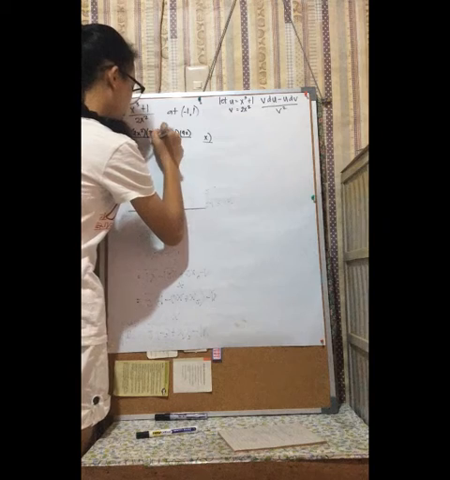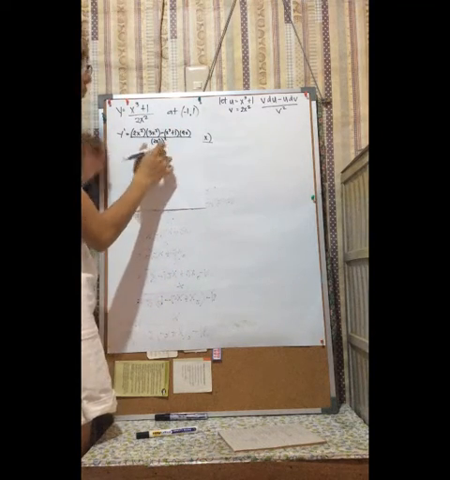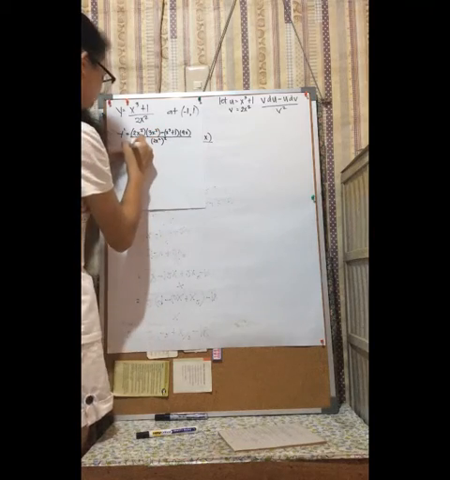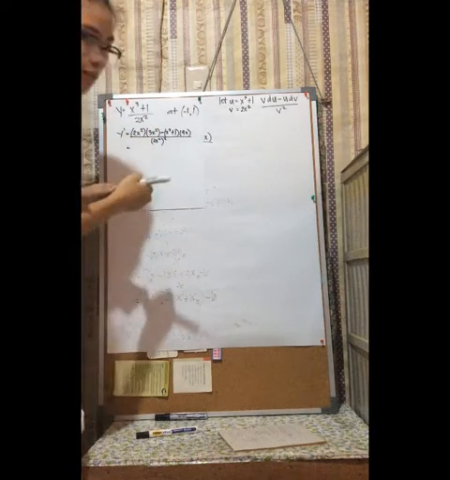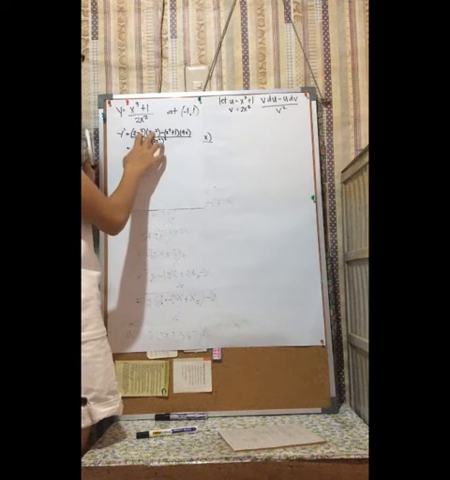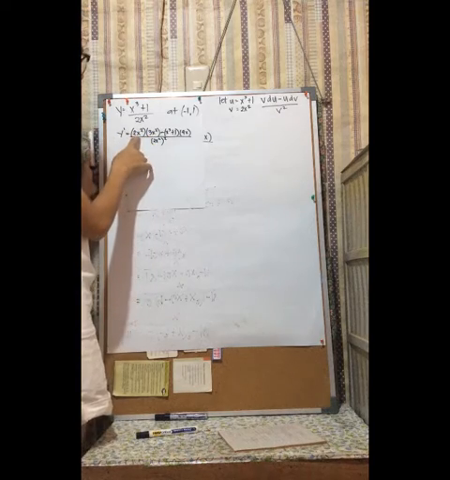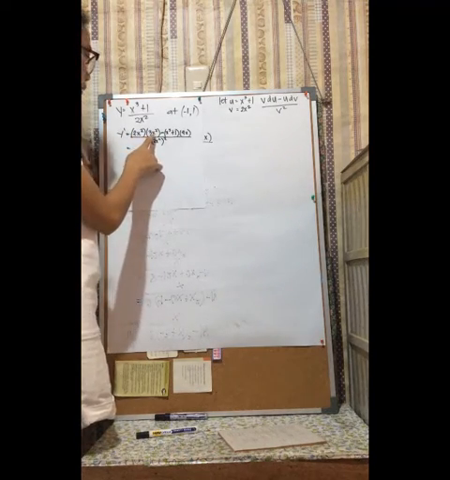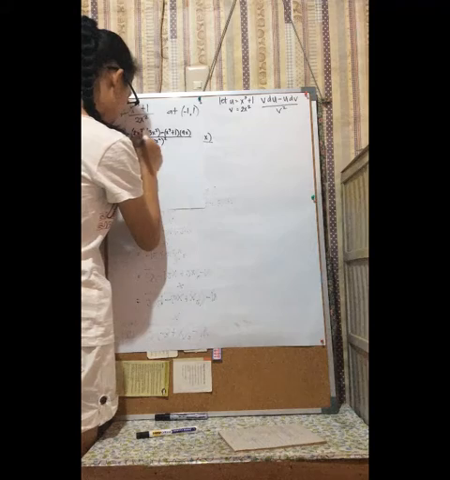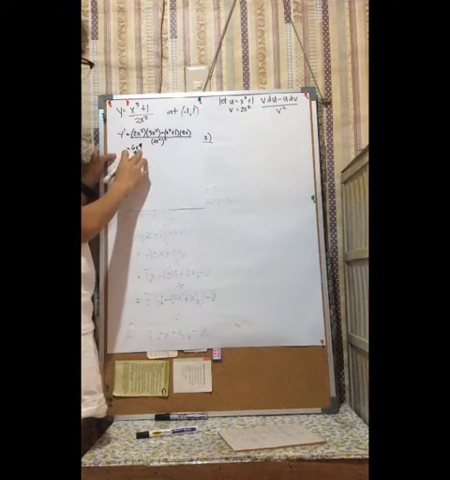So 2x squared, squared, sorry. So simplifying the equation, we need to multiply these two. 2x squared times 3x squared is 6x to the 4th power.